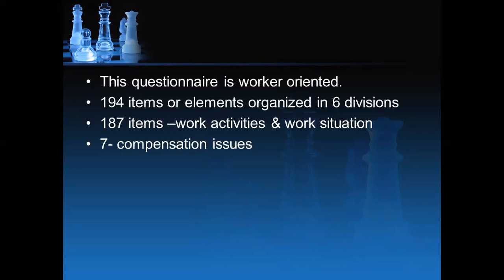Of the 194 items, 187 statements are related to work activities and work situation. The other 7 statements are related to compensation aspects of the job. When compensation comes into the picture, you should understand that job evaluation comes into the picture.